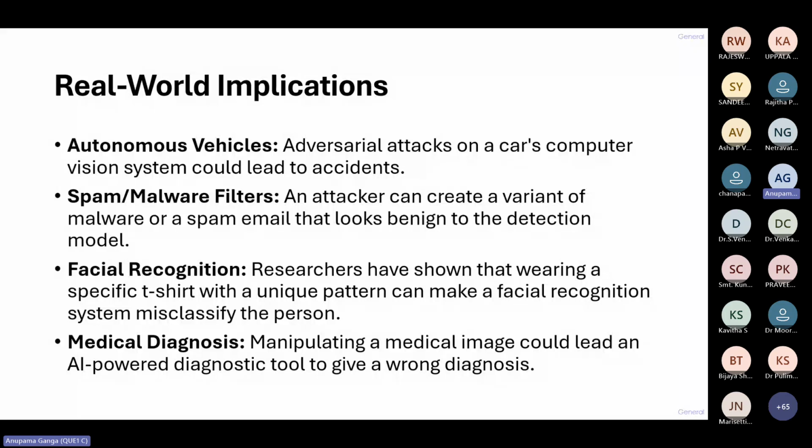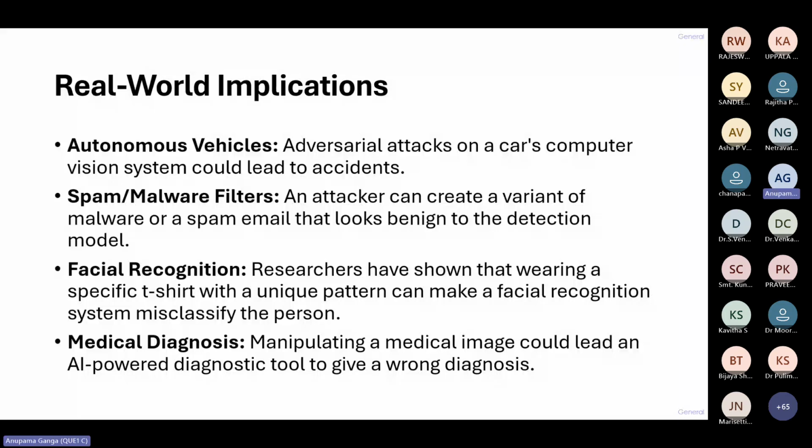Okay, so similarly, the medical diagnosis. If an image is modified, a wrong diagnosis obviously will be the impact, right?